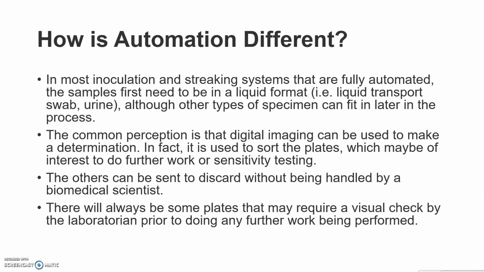In fact, it is used to sort the plates, which may be of interest to do further work or sensitivity testing. The others can be sent to discard without being handled by a biomedical scientist. There will always be some plates that may require a visual check by the laboratorian prior to any further work being performed.